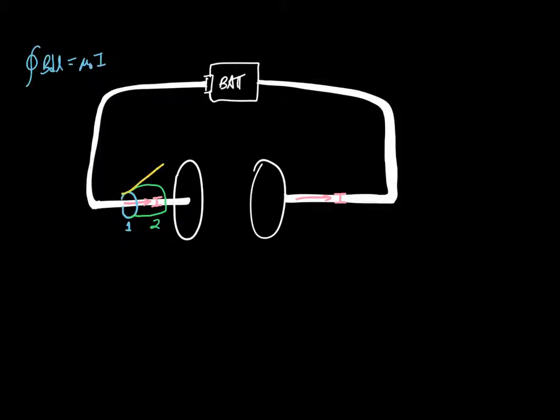However, if I change to surface 3 here, now current's 0 because there's no current between the capacitor plates.